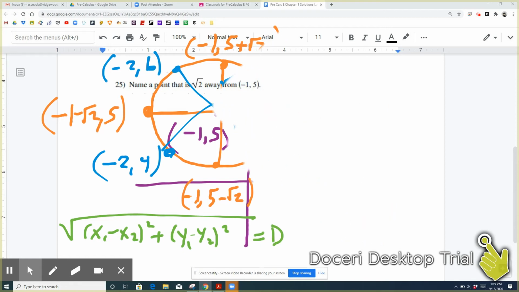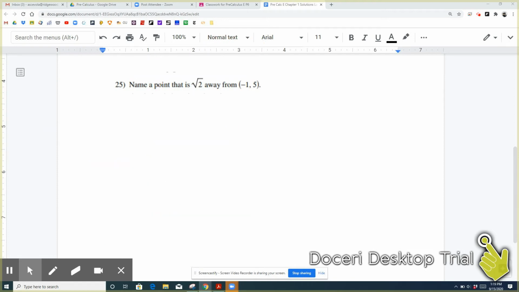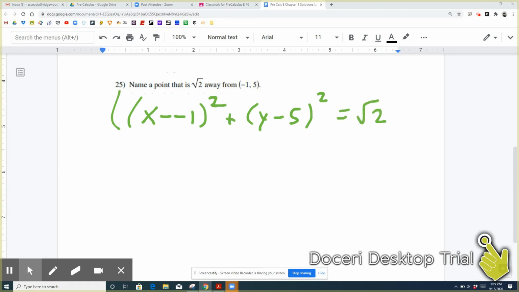If you plug everything you know into the distance formula, so I'm just going to wipe that clean, the change in x would be x minus -1 squared, plus y minus 5 squared, equals root 2 squared. And then you could solve that out.